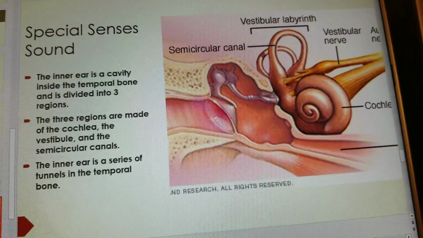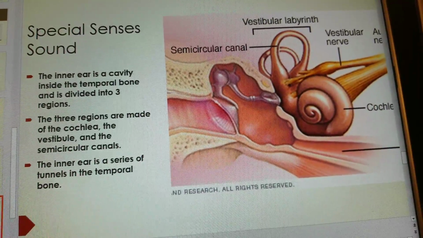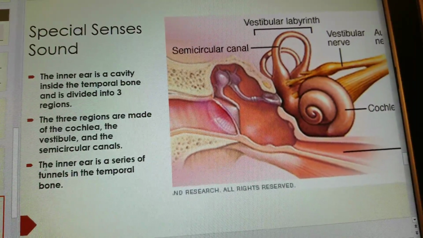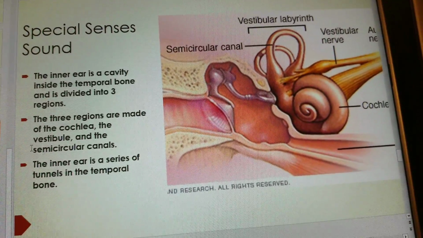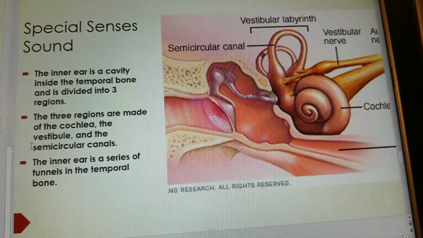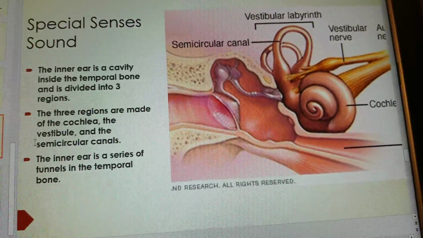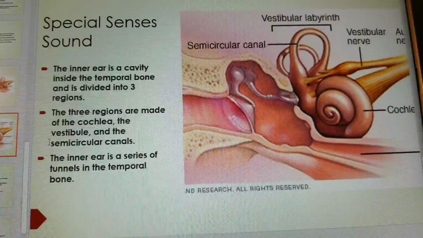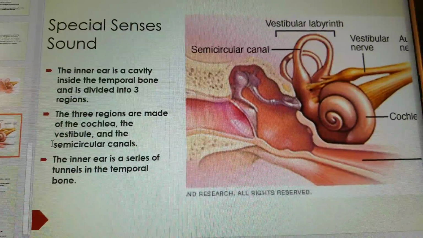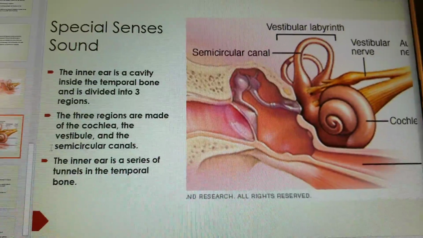The inner ear is a cavity inside the temporal bone and is divided into three regions. The three regions are the cochlea, the vestibule, and the semicircular canals. The inner ear is a series of tunnels in the temporal bone.